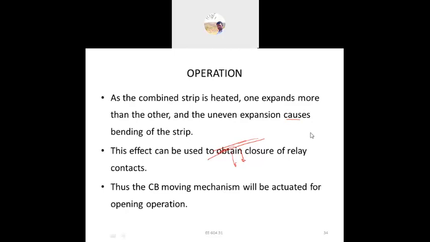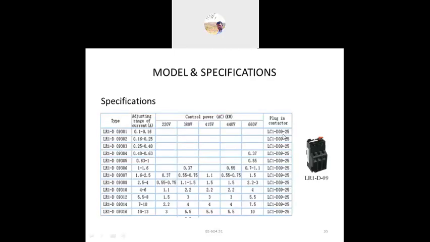So the main point is that we are using heating. By heating the two metallic plates, we are making uneven expansion. If one expands more than the other, it causes bending. That closes the relay contact, which then gives the signal to the circuit breaker. These are the specifications of the thermal relay.